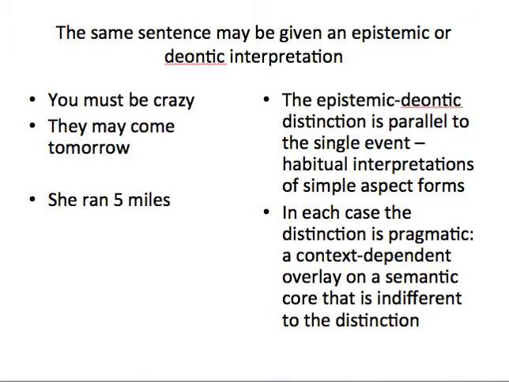What distinguishes the meaning we take from it, of course, is the pragmatic context. In each case, the distinction is pragmatic, a context-dependent overlay on a semantic core that is indifferent to the distinction. So we take our meaning based upon a particular pragmatic context.